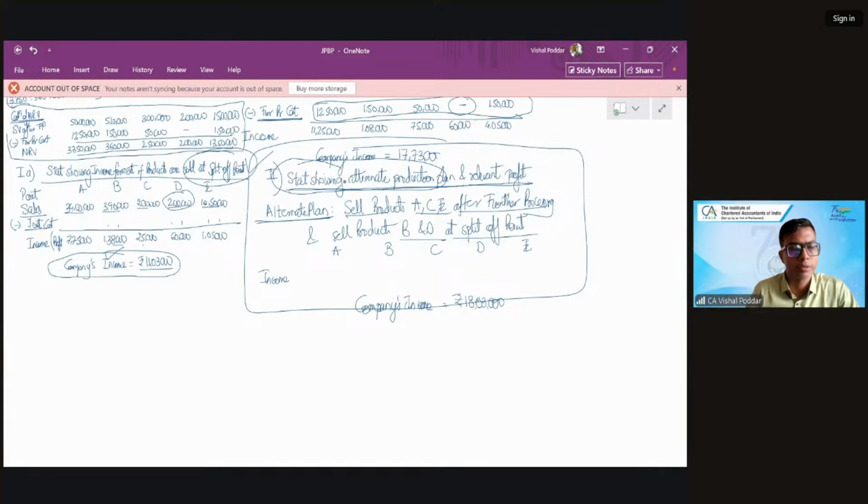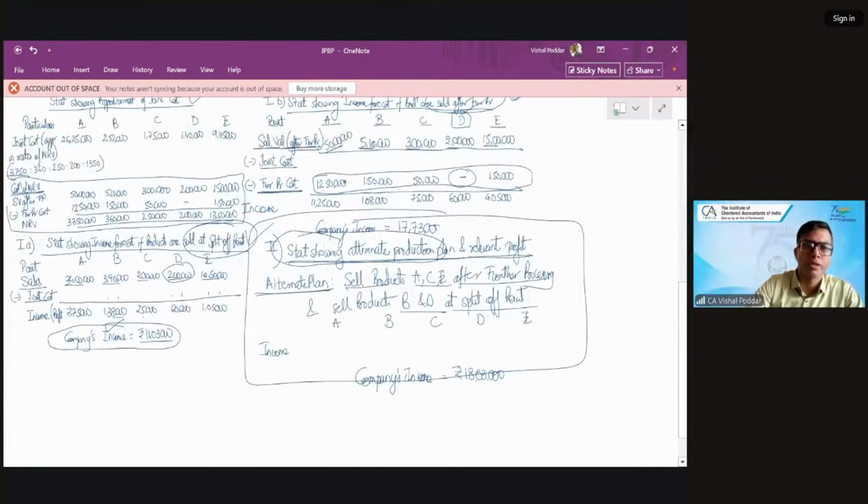In such a case, we will have to find out the alternate plan, or give them a suggestion of a plan which will give them the best profits. But the point is, up till now, we have done this with the first 3 workings done.